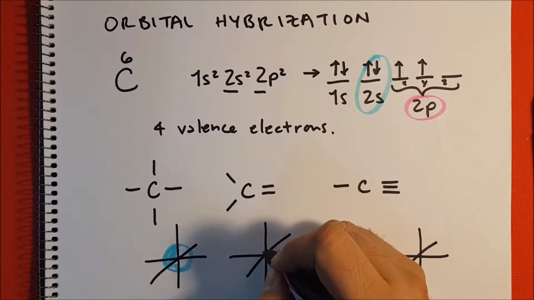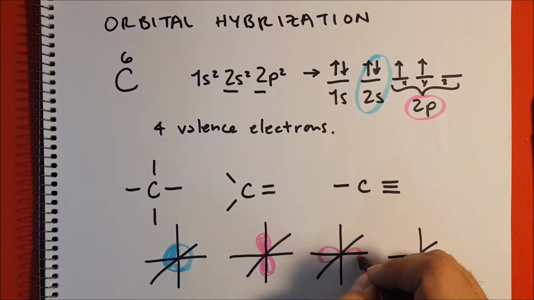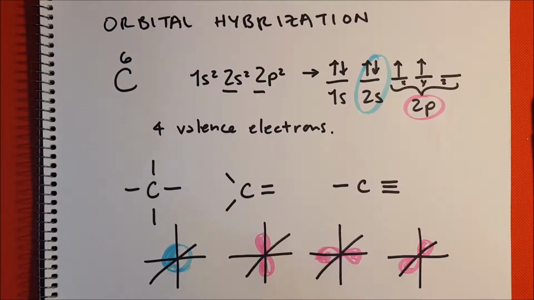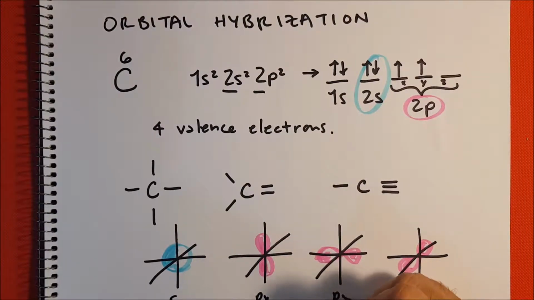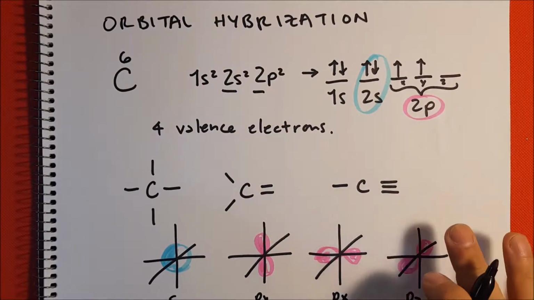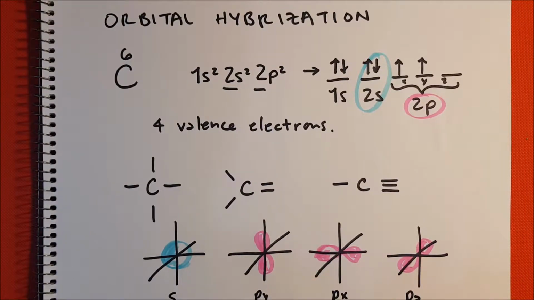And pink can be on the y-axis, on the x-axis, or on the z-axis, right? So these are the unhybridized s orbital, py, px, pz. So in an unhybridized form, carbon is actually not forming a hybrid. We have 4 distinct orbitals.